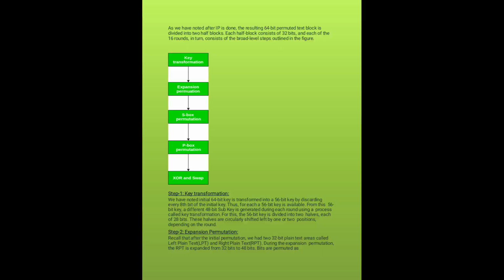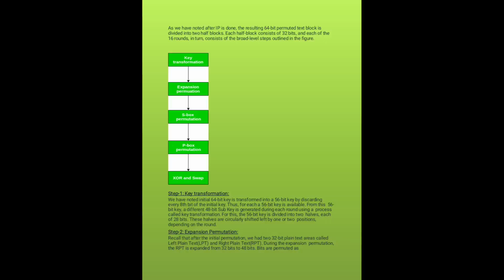In this diagram, initially the key is transformed, and in the next step, expansion permutation is carried out, and in the next step, S-box substitution is performed, and in the next step, P-box permutation is performed, and at last XOR and swap is followed.